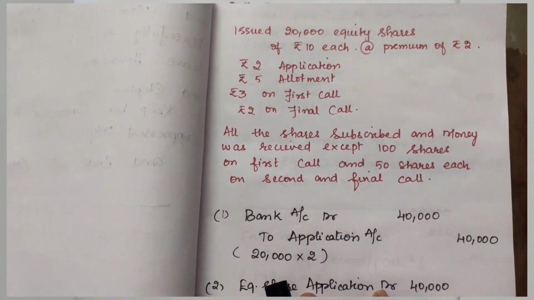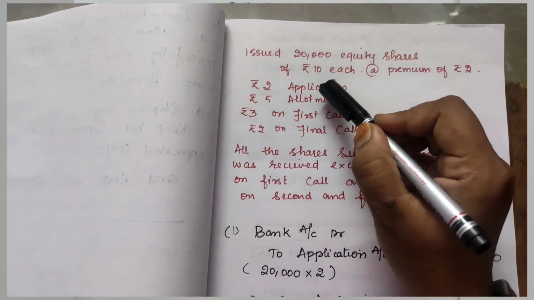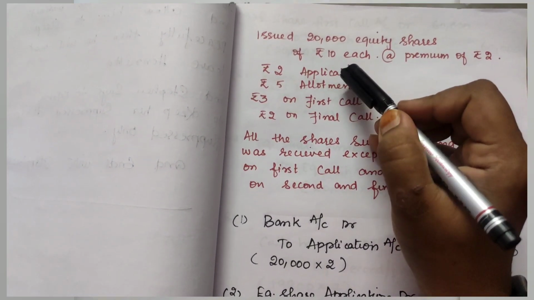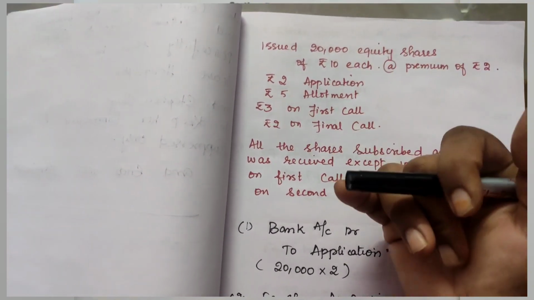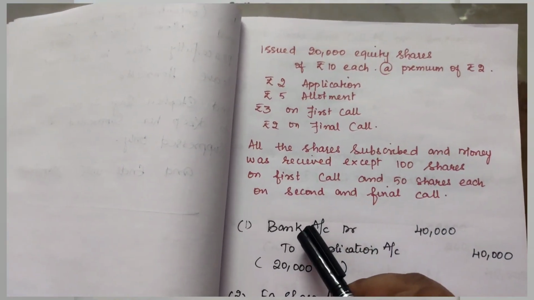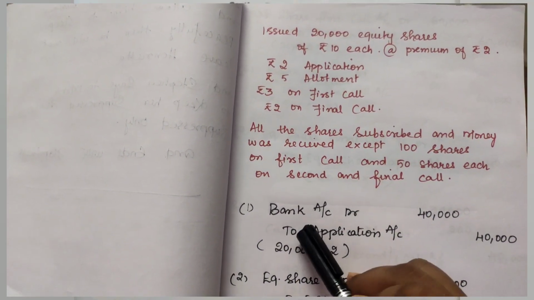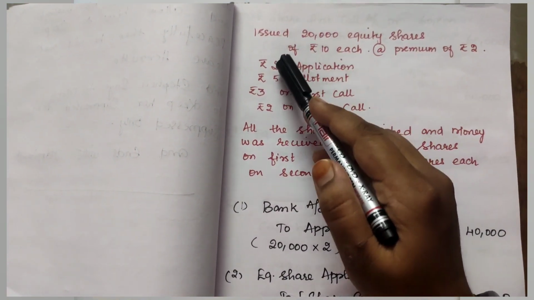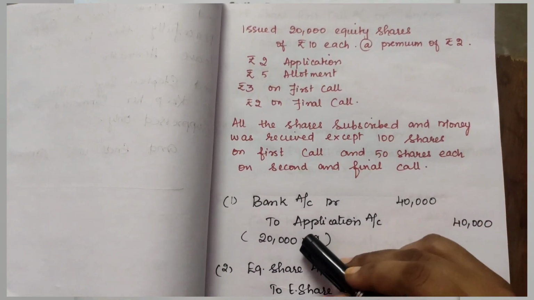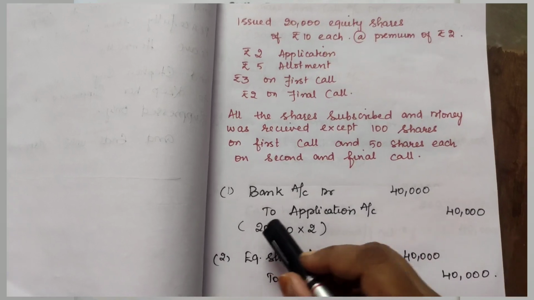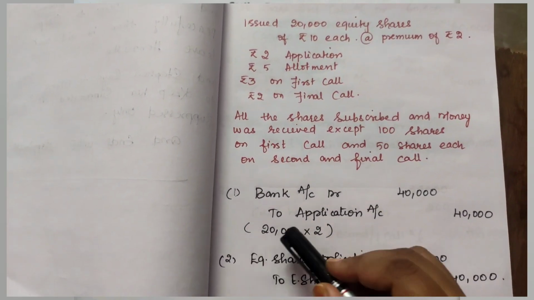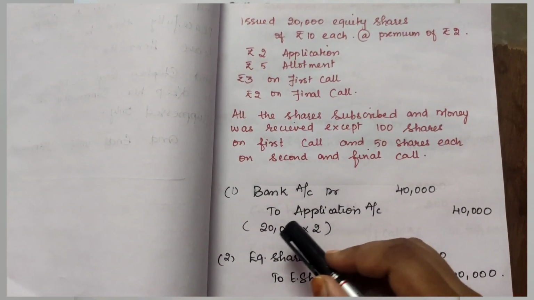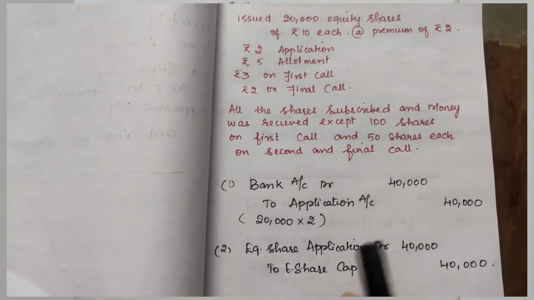Now let's go through the journal entry. Whenever we receive the application, first we get the money, so first we write bank account debit to share application account. 20,000 of rupees 2 each, so 20,000 into 2, 40,000. You need to write the narration here: being share application money received.